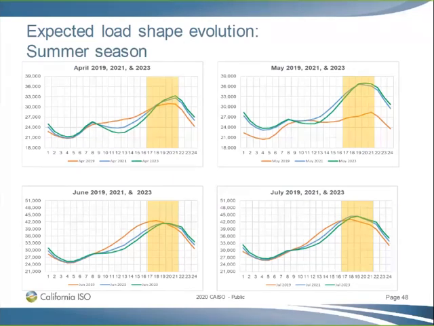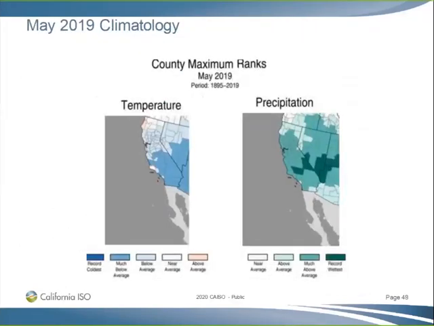Next slide, please. Just quickly going over some of the observed temperature and precipitation that we saw for May last year, which contributed to that very low peak through the month of May.